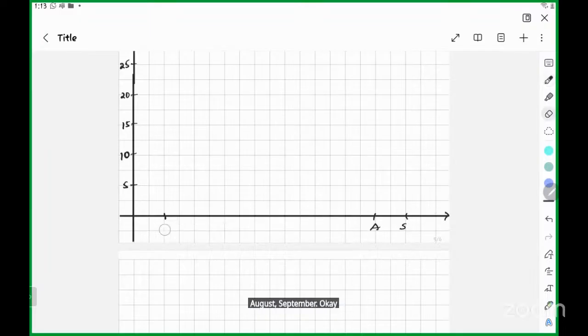Okay, I'm having that challenge, but I'll compromise it this way. This is Jan, Feb, March, April, May, June, July, August, September, October, November, and December.